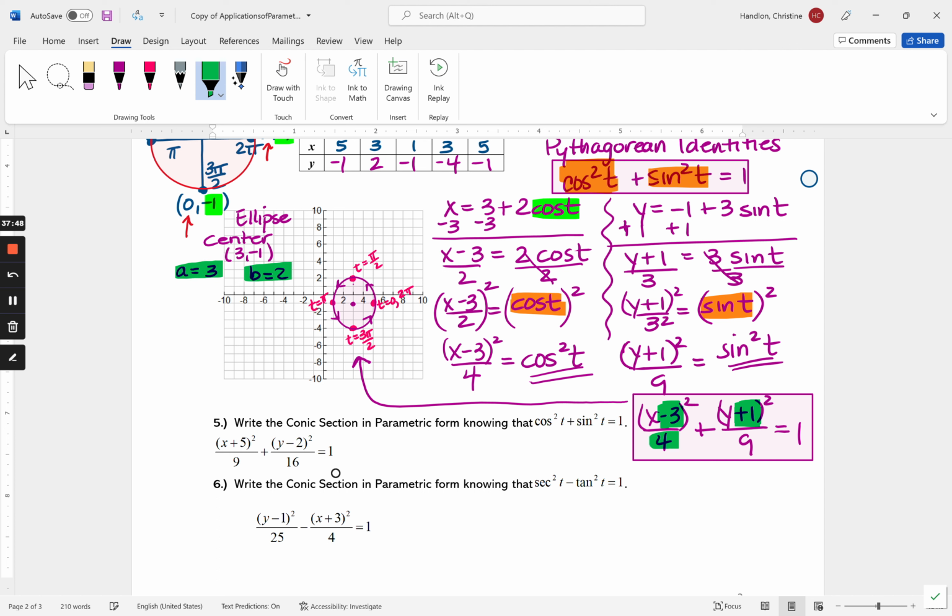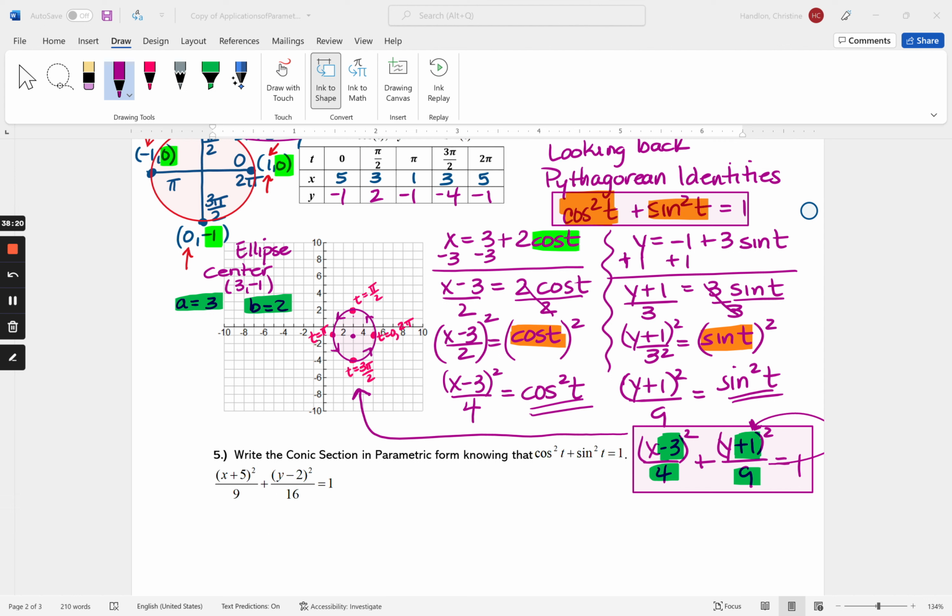Well, the square root of 4 is 2. The square root of 9 is 3. So we know that because the 9 is the bigger number and it's underneath the y, it's going to be a vertical ellipse, just like we said over here on the left and as shown in our picture. So our rectangular equation is definitely matching what our parametric equations sketched out to be.